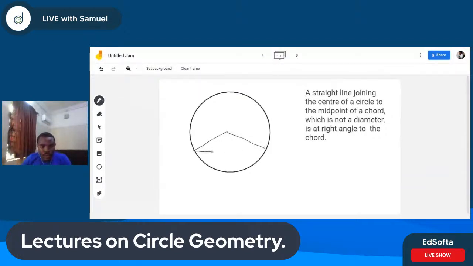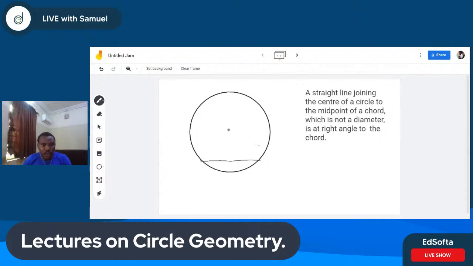So this line is what we call the chord. So this is the chord.